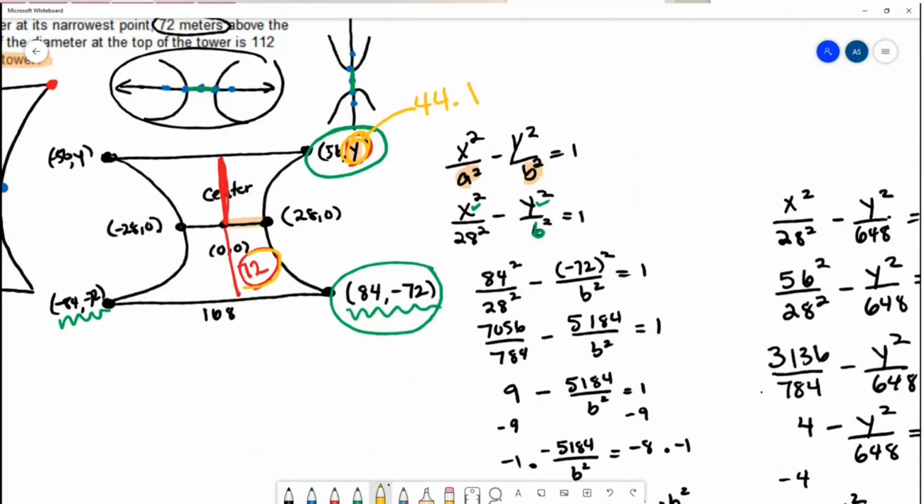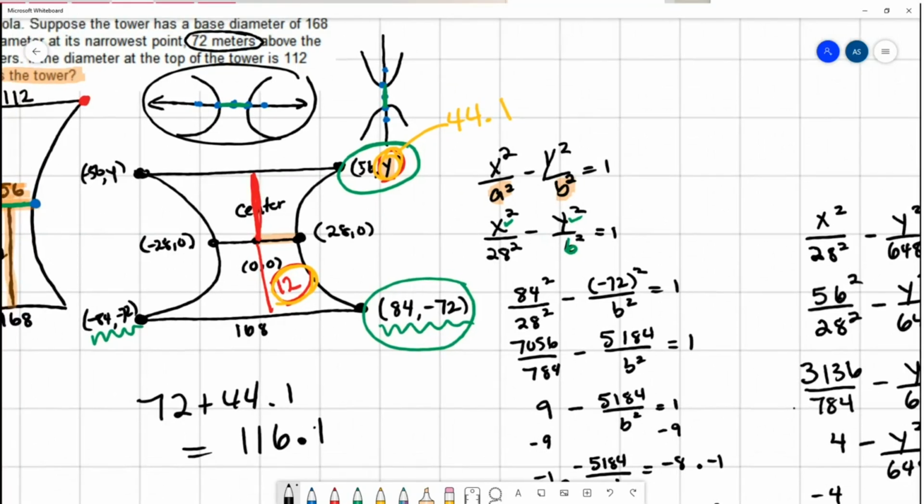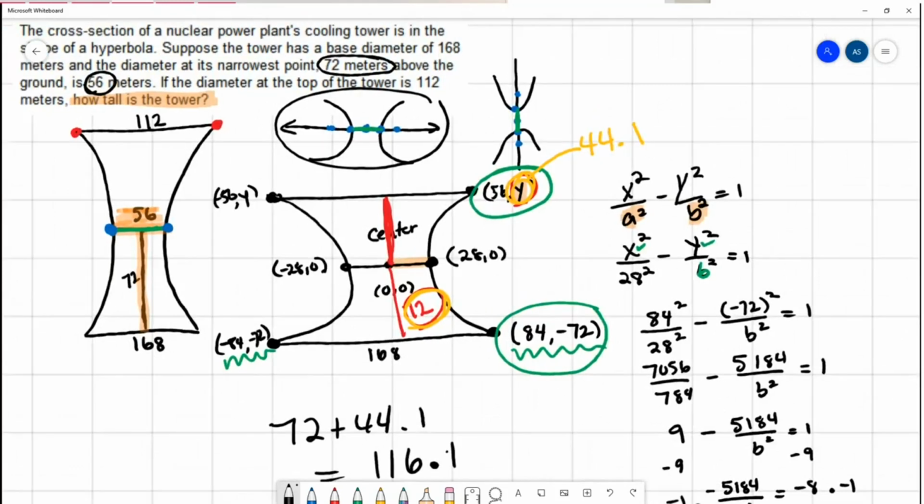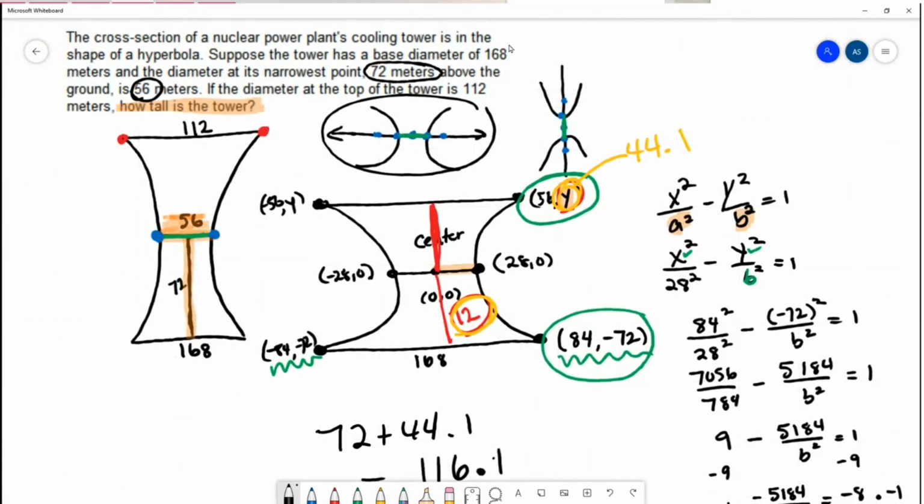We're going to add that to the lower part of the tower, 72 plus 44.1, which gives me a height of 116.1. The height of this tower is 116.1 meters.